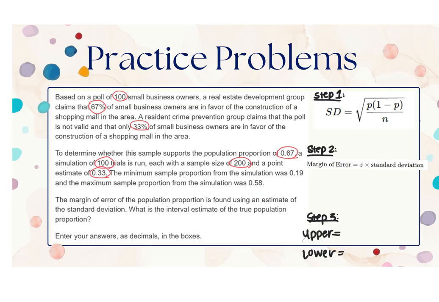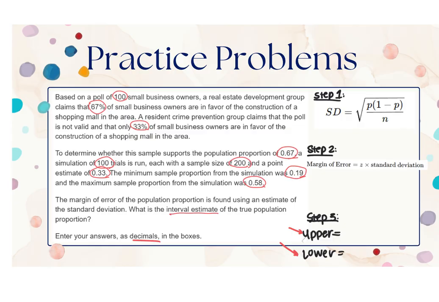The minimum sample proportion from the simulation was 0.19, and the maximum sample proportion from the simulation was 0.58. The margin of error of the population proportion is found by estimating the standard deviation. What is the interval estimate? Okay, so we're finding upper and lower bounds of the true population proportion. Okay, and our answer is going to be decimals today.